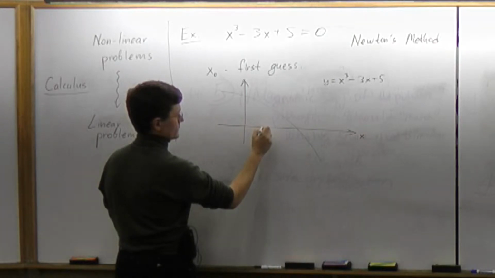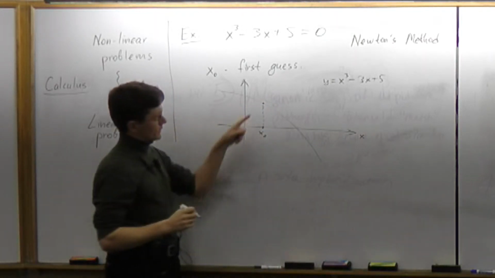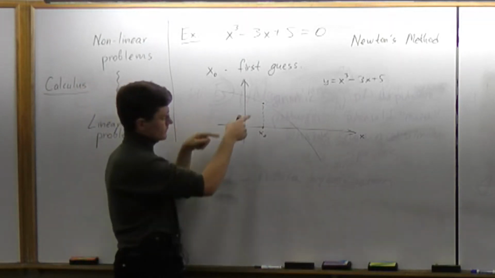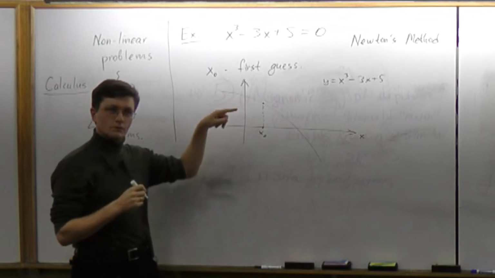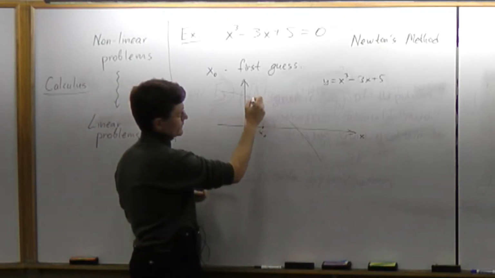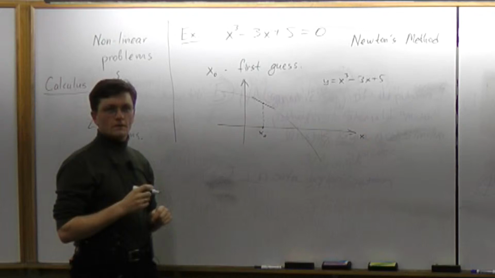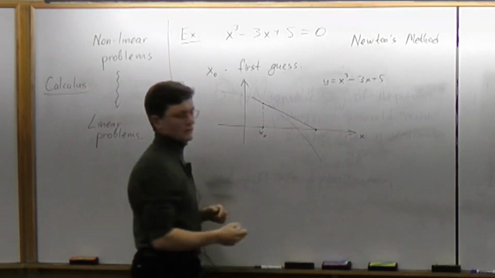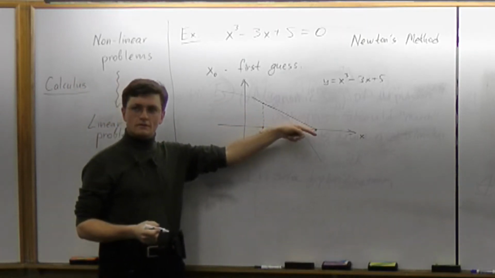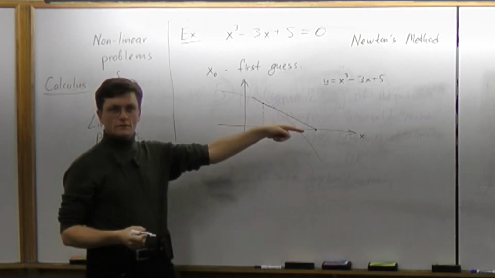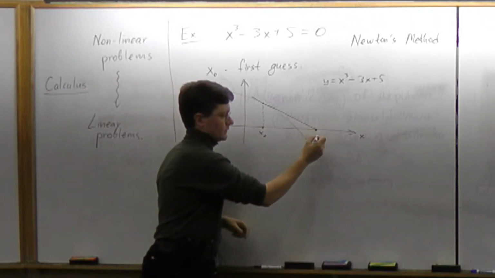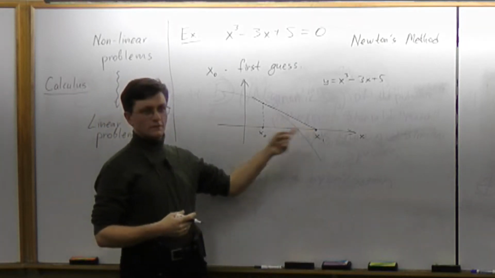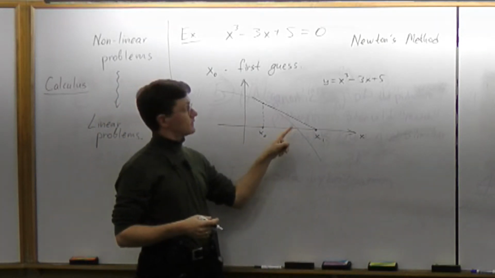Then we can look at that point on the graph, and we can zoom in to that graph at that point, and we can realize that the graph looks like a line, and we can replace the whole graph with a line, extend the line, and make our next guess by saying that that value, x1, is our better guess about the solution.